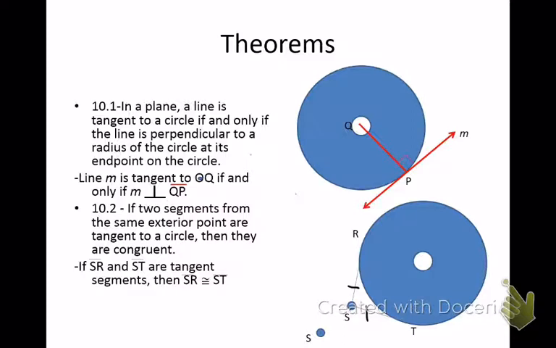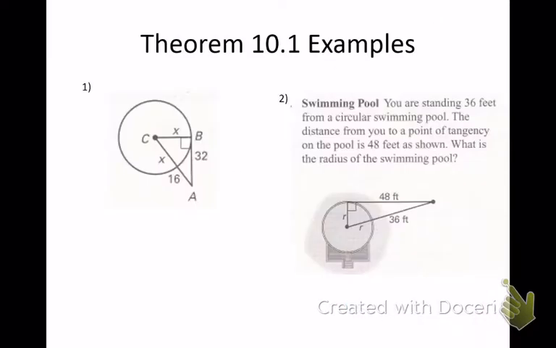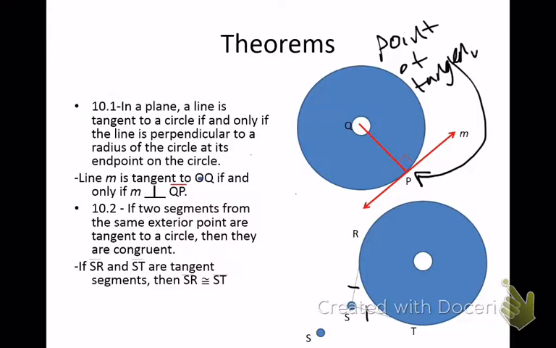All right? Now, I'll also back up real quick because you may see this at some point. But tangent lines, where they meet the circle, they meet at a point of tangency. It's what that point is called. And we may not use it a ton here, but you may see it written someplace else.